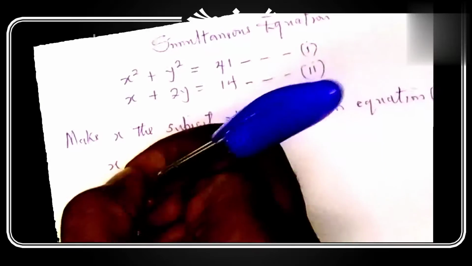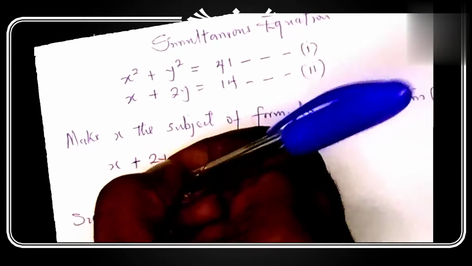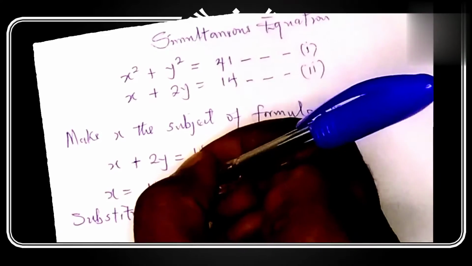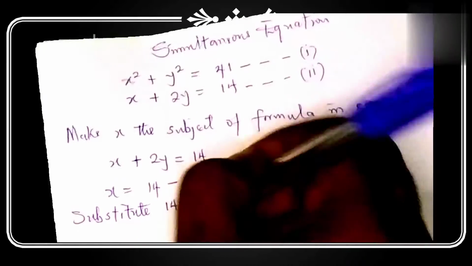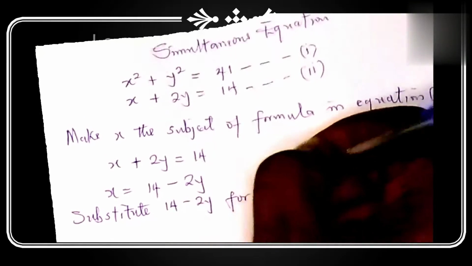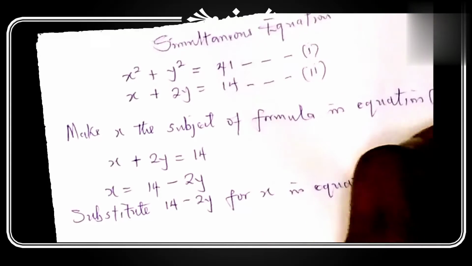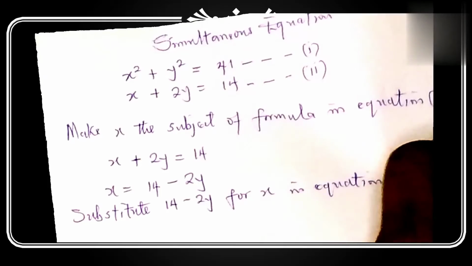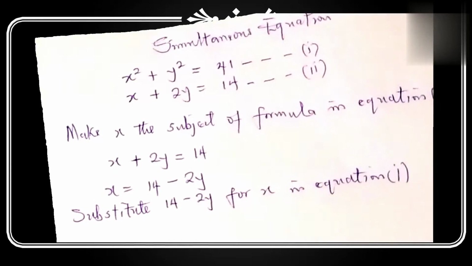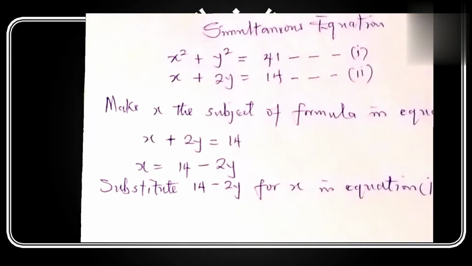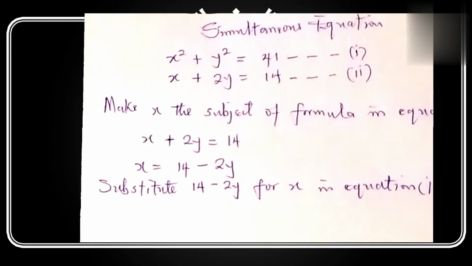Now we substitute 14 minus 2y for x in equation 1.